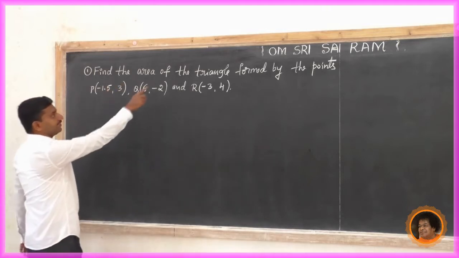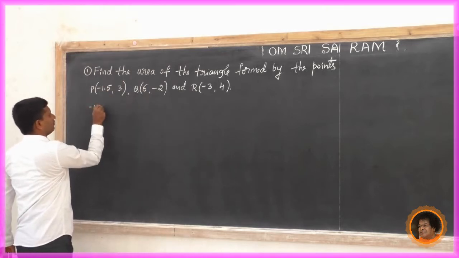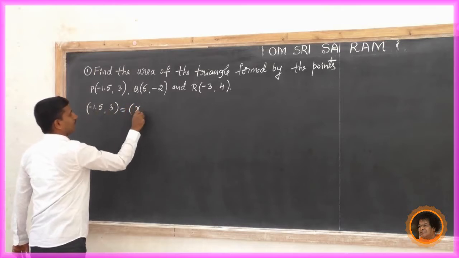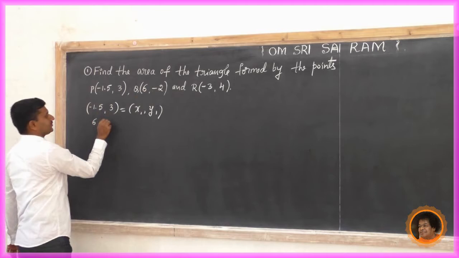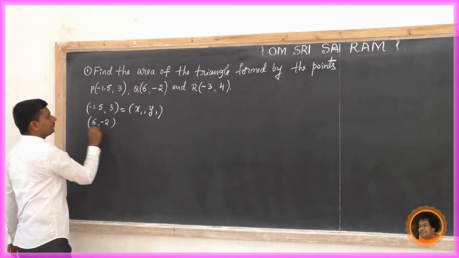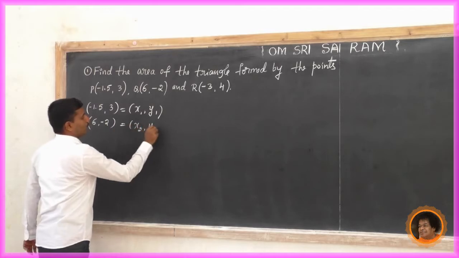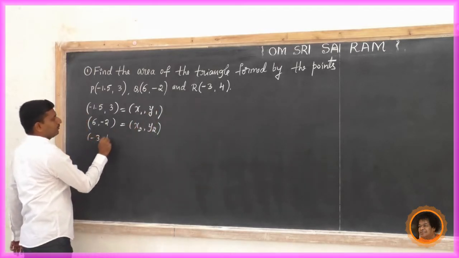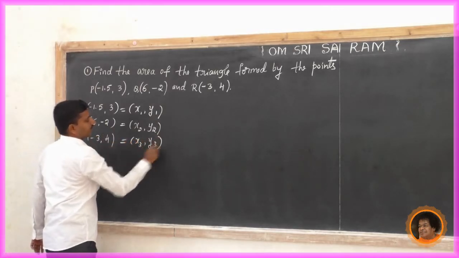So let us consider the first coordinate point minus 1.5, 3 as x1, y1. The second coordinate point is 6, minus 2, so this is x2, y2. And the third coordinate point minus 3, 4, so this one is x3, y3.